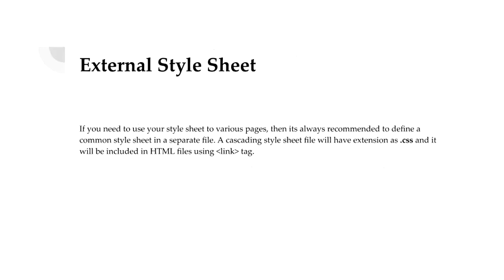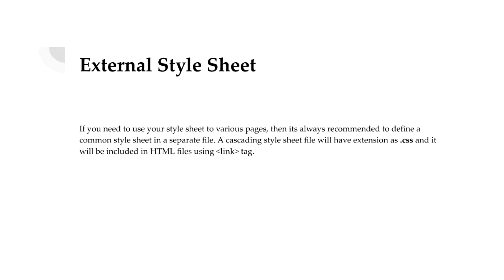Now, with an external style sheet, you can change the look of an entire website by changing just one file. Each HTML page must include a reference to the external style sheet file inside the link element inside the head section.